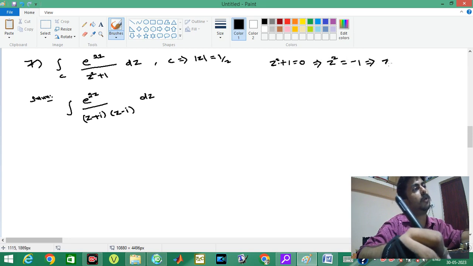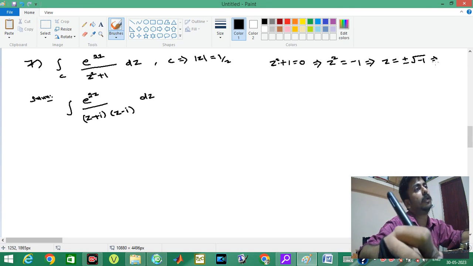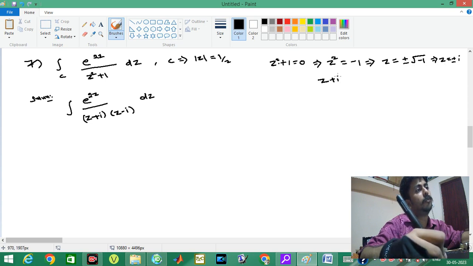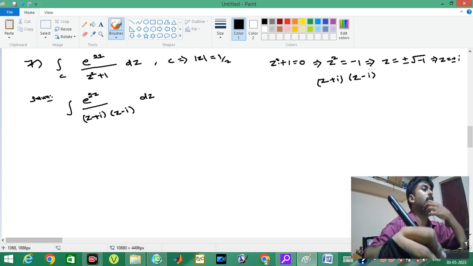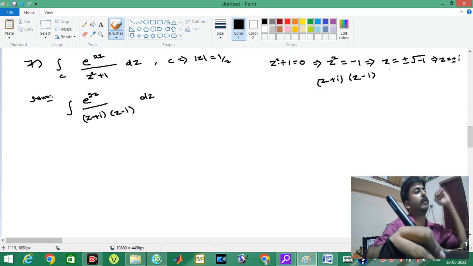It implies z equal to plus or minus root of minus 1, which implies z equal to plus or minus i. So one factor is z plus i and another factor is z minus i.